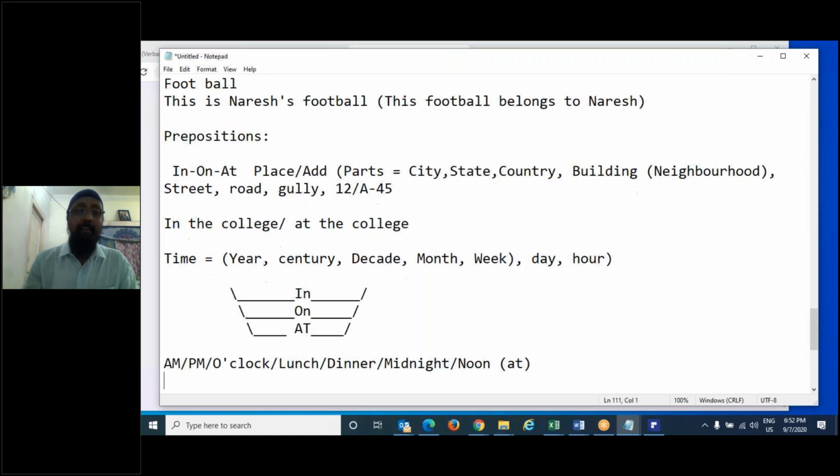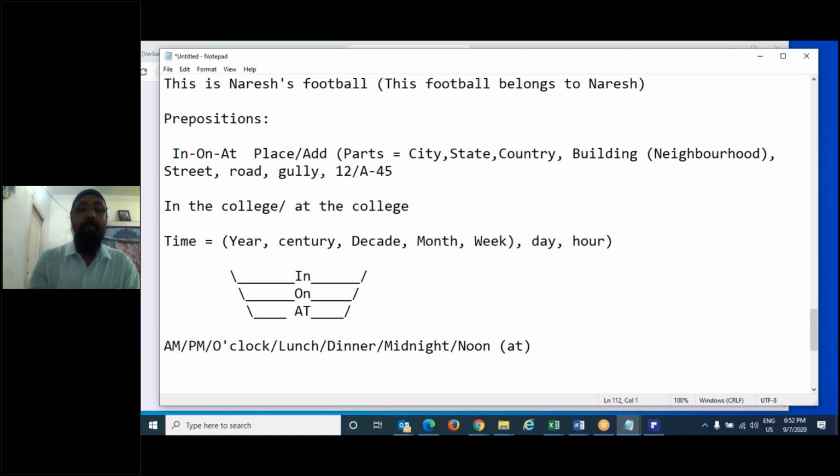I just want to have a little more clarity about a 24-hour clock. A 24-hour clock, if we look at, is segregated into two phases, dark and light. Light is further segregated into three phases as morning, afternoon, and evening.